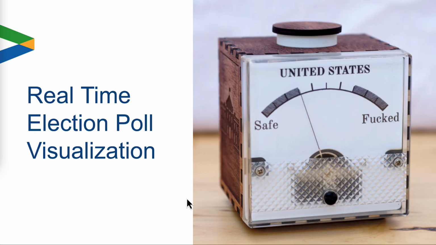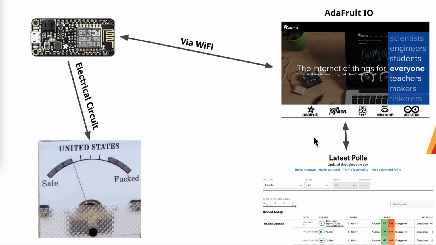Another interesting one from a few years ago is the real-time election poll visualization. And this again has a servo behind it, and it pulls an application programming interface that has data on polling in an election. I believe this was an American election from a few years ago, and then it is reflected on the dial. And I think it's like every half hour or something, it'll update based on the most recent polls, or it did anyways.